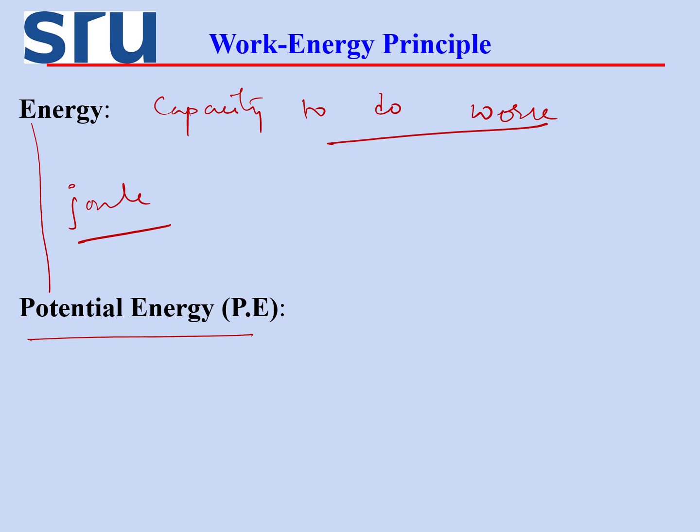What is meant by potential energy? The energy possessed by the body by virtue of its position. This is the reference axis, and the object is at a distance h from this. Its mass is m. So in this case, the potential energy of this object is mgh.